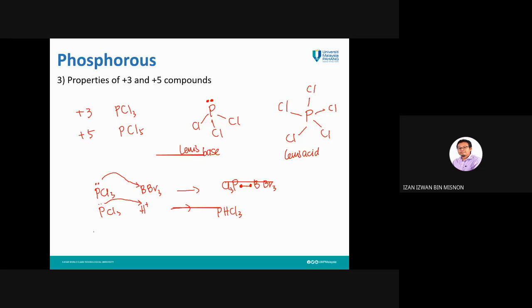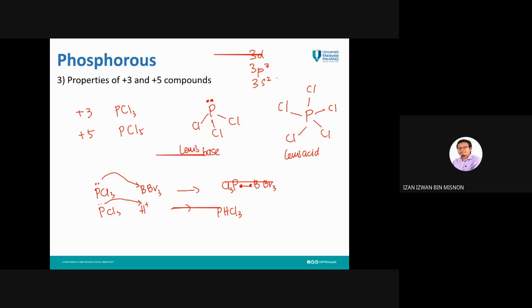For PCl5, there is no lone pair electron, but phosphorus has an electronic configuration of 3s2 3p3, and in n equal to 3, there is a 3d orbital, right?